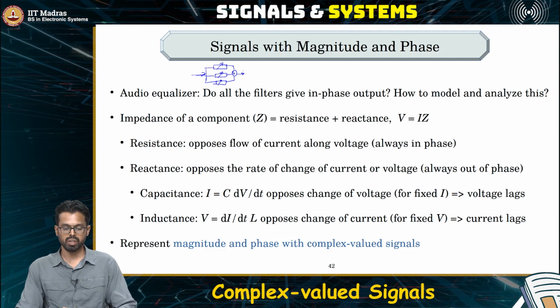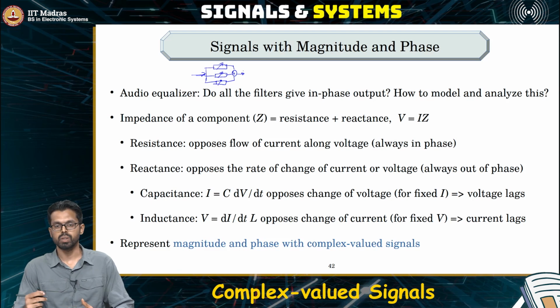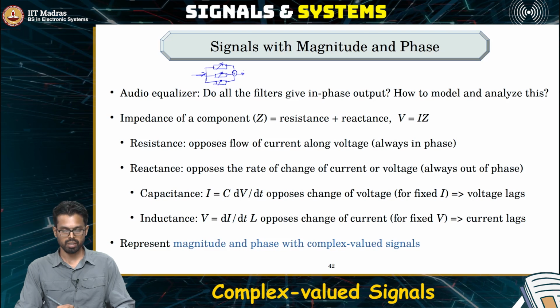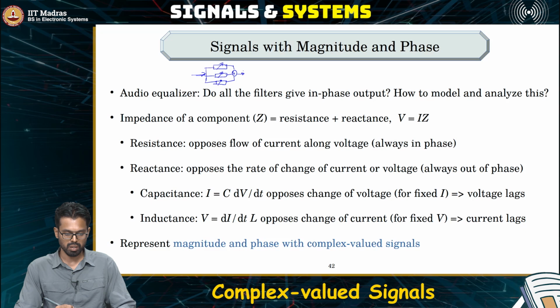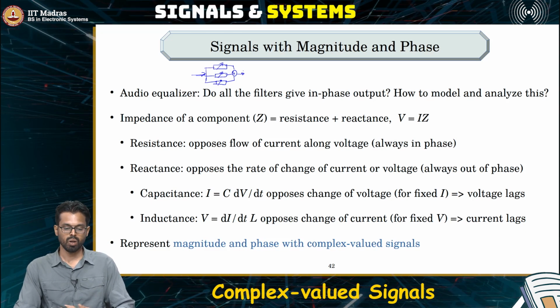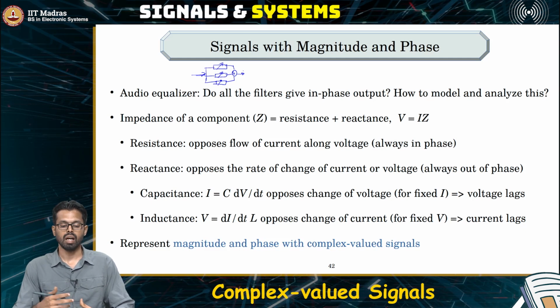Basically, we are adding these reactive components, capacitors and inductors, along with resistors. Are we sure that the output from these different filters, which contain different values of capacitors and inductors, are all going to give the output in the same phase? What if they are out of phase?